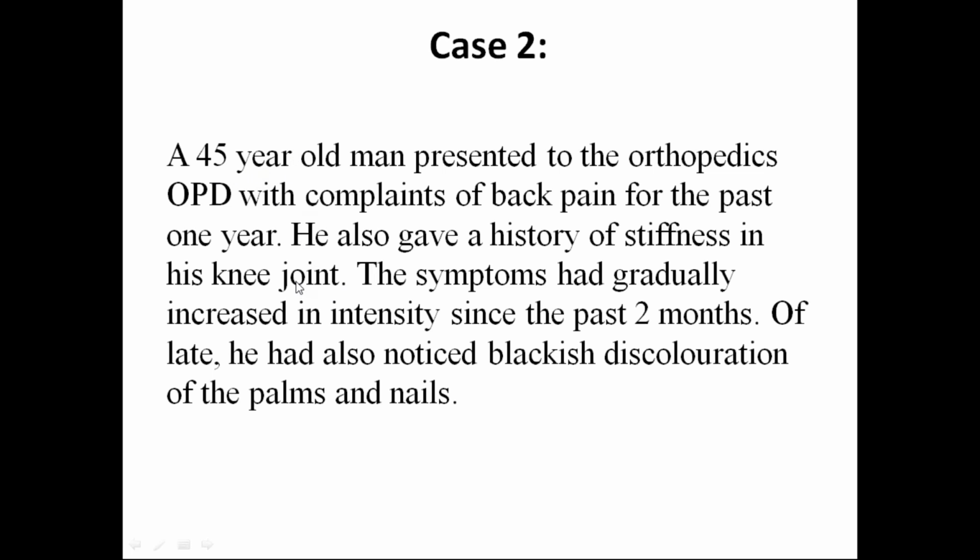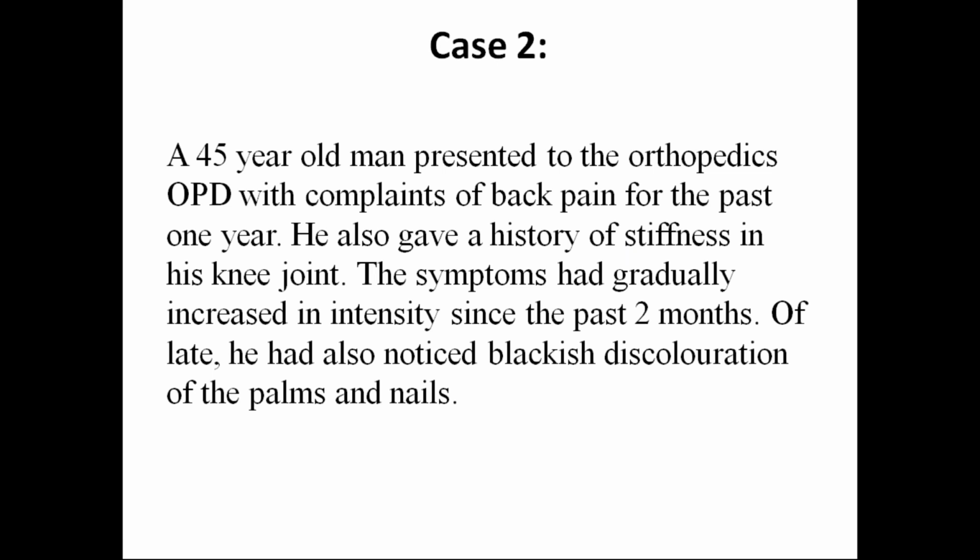In the X-ray there are degenerative findings and osteophyte formation in the knee joint and the spine. So back pain and the stiffness can be due to osteophyte formation and degenerative changes.